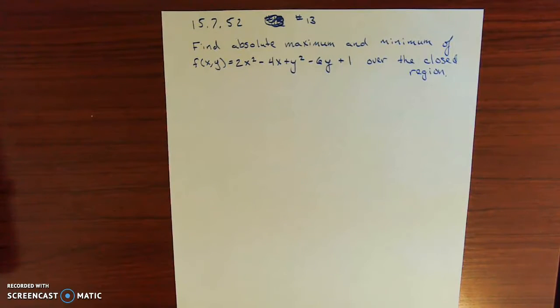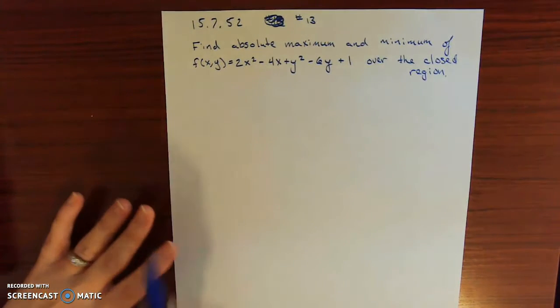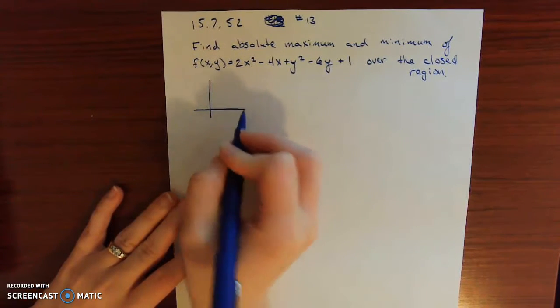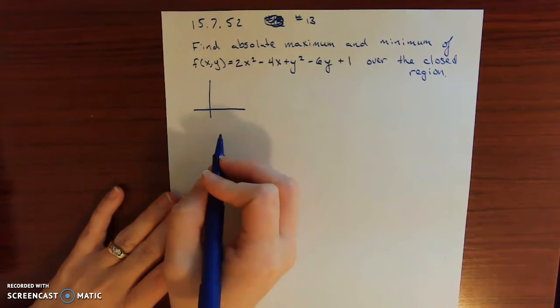So you're asked to find the absolute maximum and absolute minimum of f of x y over a closed region, and the closed region is given to us in terms of the vertices of the region.